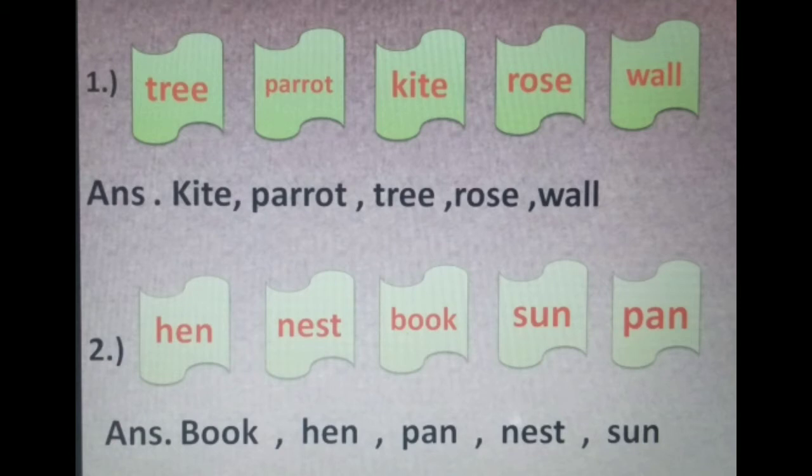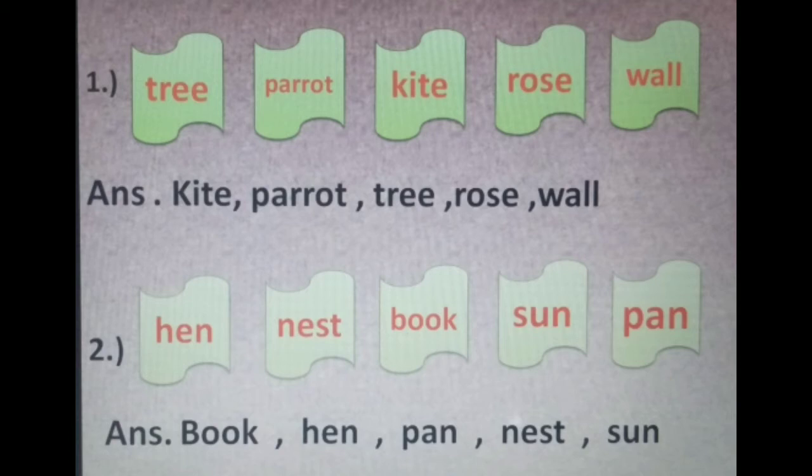Kite, K-I-T-E, kite. Now, which word comes in second place? Start recalling ABCD. A, B, C, D, E, F, G, H, I, J, K, L, M, N, O, P. Yes, you are right. In second place, we have to write parrot.